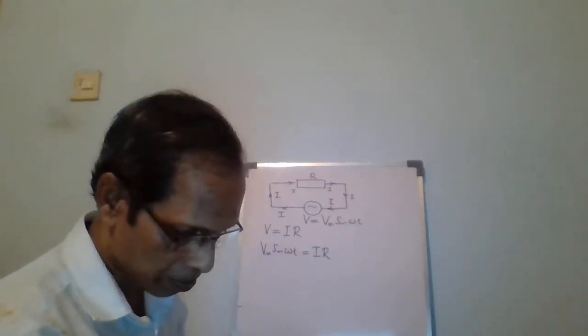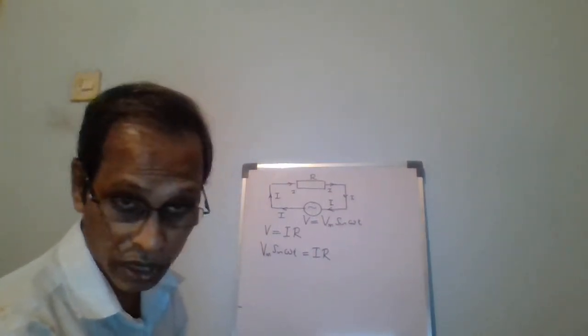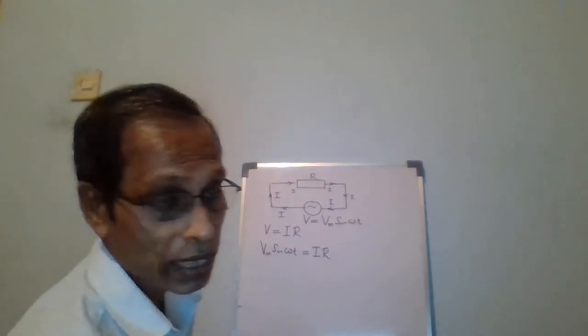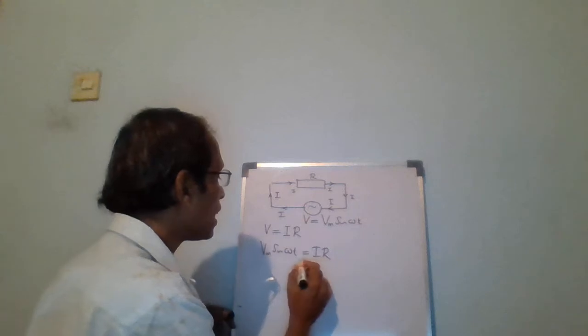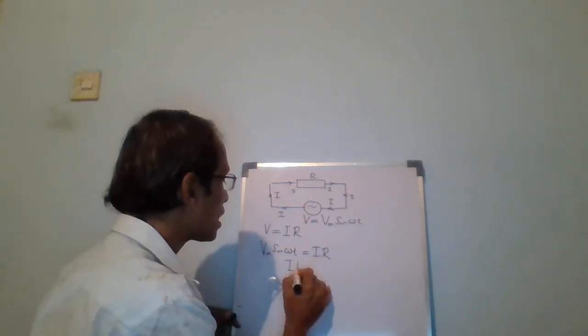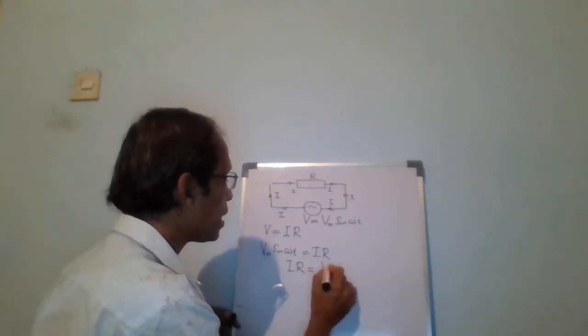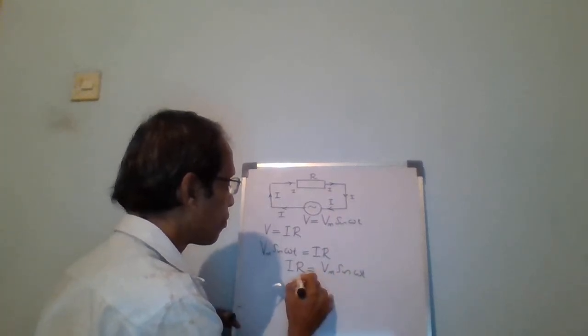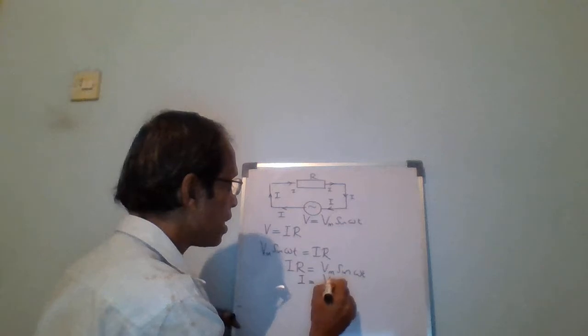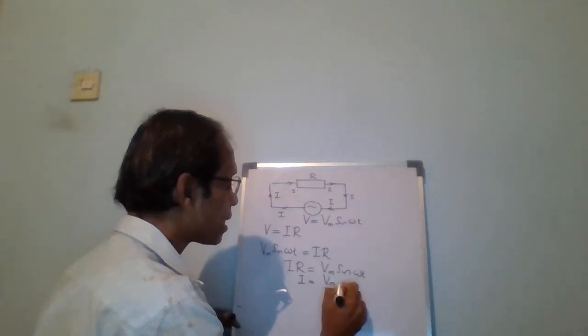R is a constant. I is not a constant, but we can solve for I. IR is equal to Vm sine omega t. Therefore, I is equal to Vm divided by R, times sine omega t.